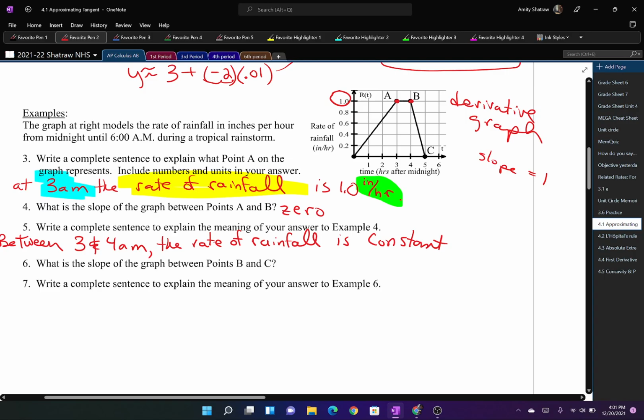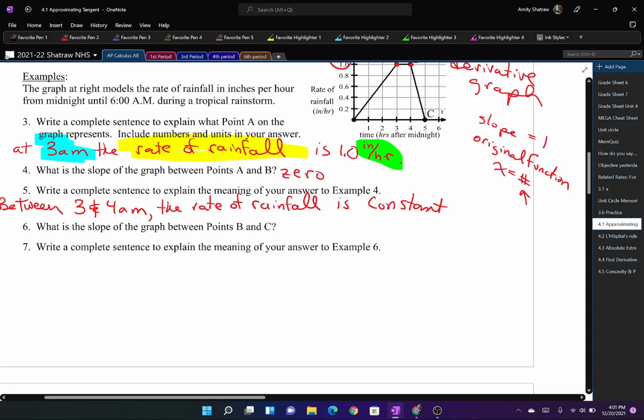Well, the original function was something like this. Ready? It had to be something like this, x equals a number. When I take the derivative of a constant, whatever that number is, I get a slope of 0. Do you see?